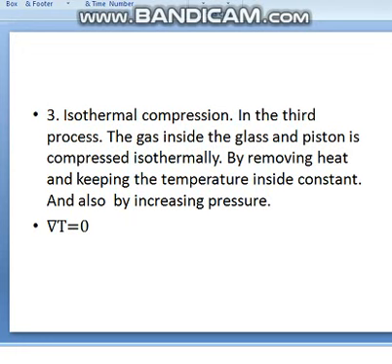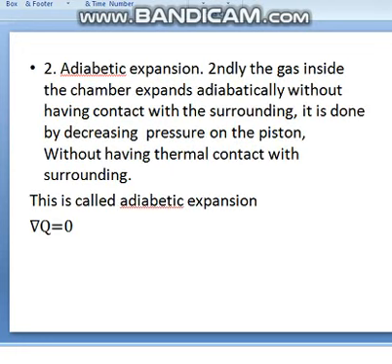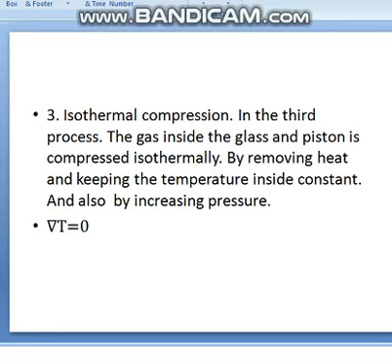Number 3 is isothermal compression. In this step, all the heat that was absorbed by this gas chamber is released by increasing pressure on the piston, and the temperature is kept constant.